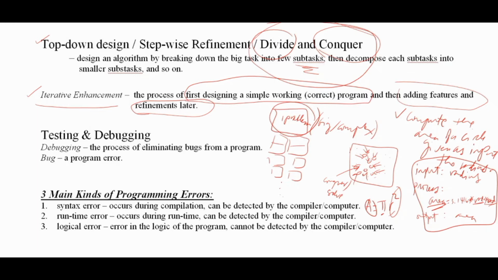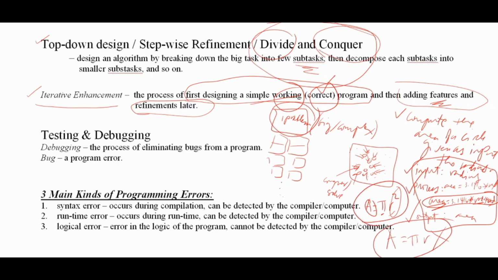So this is basically what you need to know to be able to solve the problem correctly or to come up with a simple working correct program. Your first concern is not to add a blinking feature or boldface feature or making the output text italics or boldface. That is not your primary concern. Your primary concern is to identify the correct inputs and the correct processes, to use the correct formula or formulas, and identify what needs to be given as output back to the user.